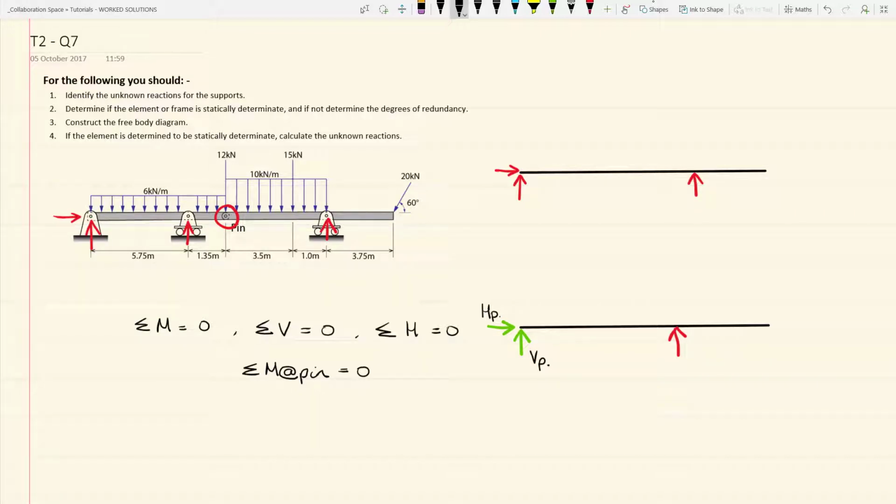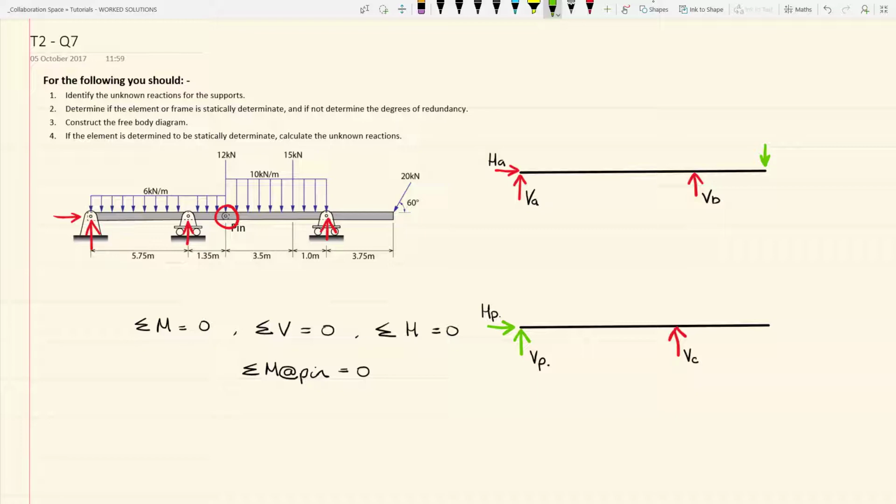And if we give the rest of the supports their names, we have the vertical action at A and the horizontal action at A, the vertical reaction at B, and the vertical reaction at C. In order to maintain static equilibrium at the pin, we apply a point load to the end of the cantilever beam.